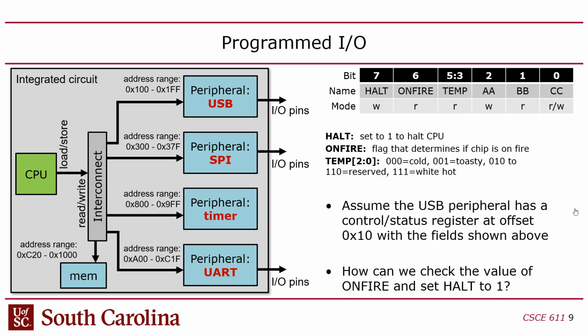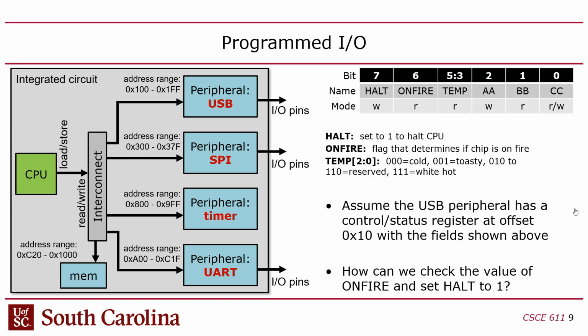So, for example, you'll often see in a data sheet or technical manual a table where each column is a bit field, and the first row is what the bit field is called. And then the next row down will be whether it's read or write.